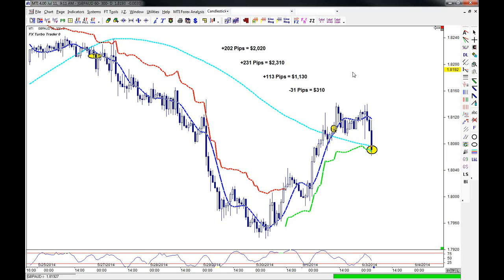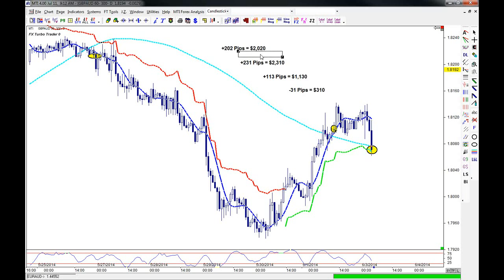You're not going to win 100% of the time. Anyone who tells you that is lying to you. You're going to incur losses. However, the secret and the key is knowing what you're doing, keeping your profits high, and keeping your losses to a minimal, keeping your losses small.